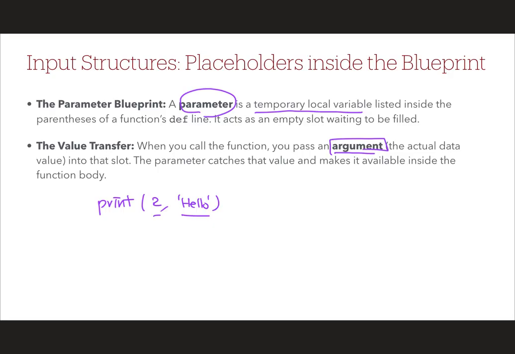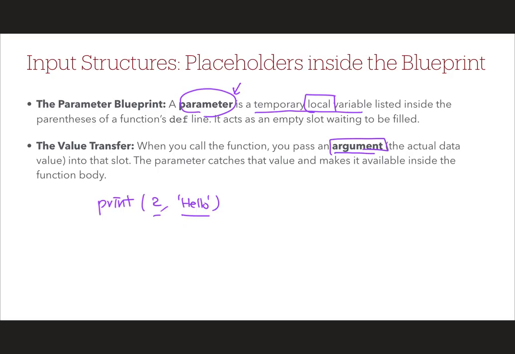Those two placeholders must be defined when you define this function print, within this parenthesis, and those variables will be called the parameters. As I said, they are local variables, meaning those parameters will exist only within that function. Those temporary local variables are not accessible outside that function.